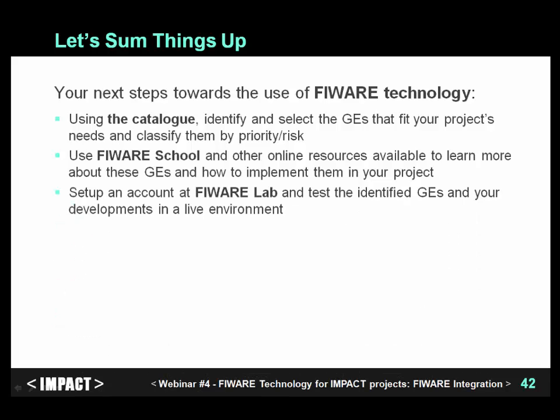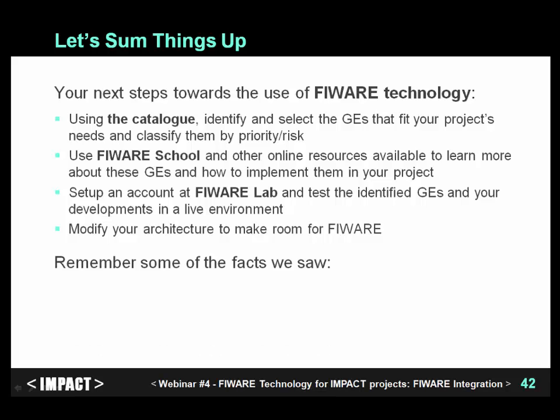Then use FIWARE and the rest of the resources available online to learn more about the enablers you already selected and how they work. Then you should set up an account at FIWARE Lab to begin testing your GEs and your own developments in a live environment.